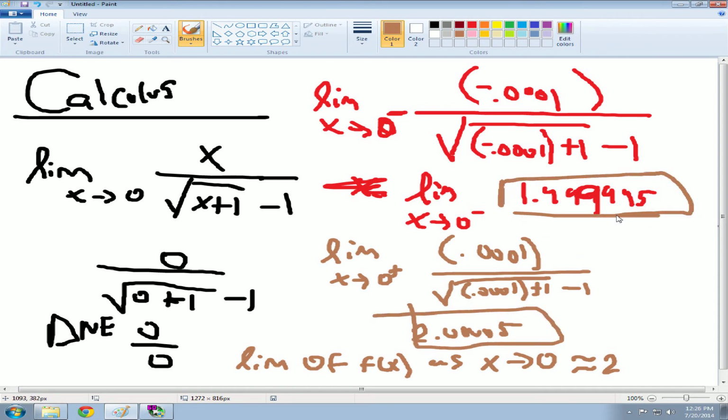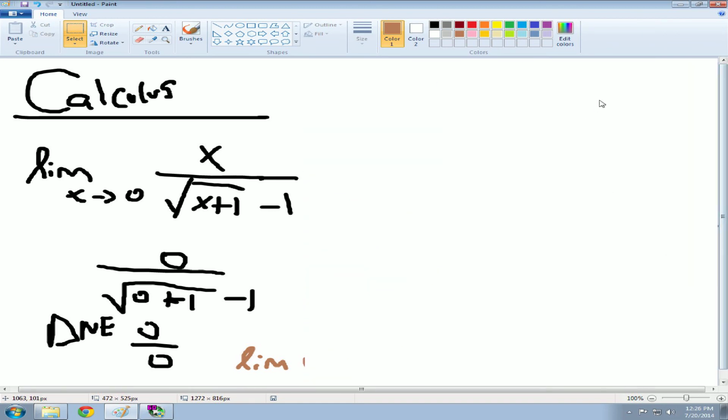We're really close to 2 on both sides. So yeah, this is basically what a limit is. You're taking stuff from both sides. And of course, the first step to every limit is plug it into the equation to make sure it does not exist. Because if it exists, then you don't have to do the limit, because you can just get the answer. So you should probably plug it in first, and then you go through the process of left and right bounds.